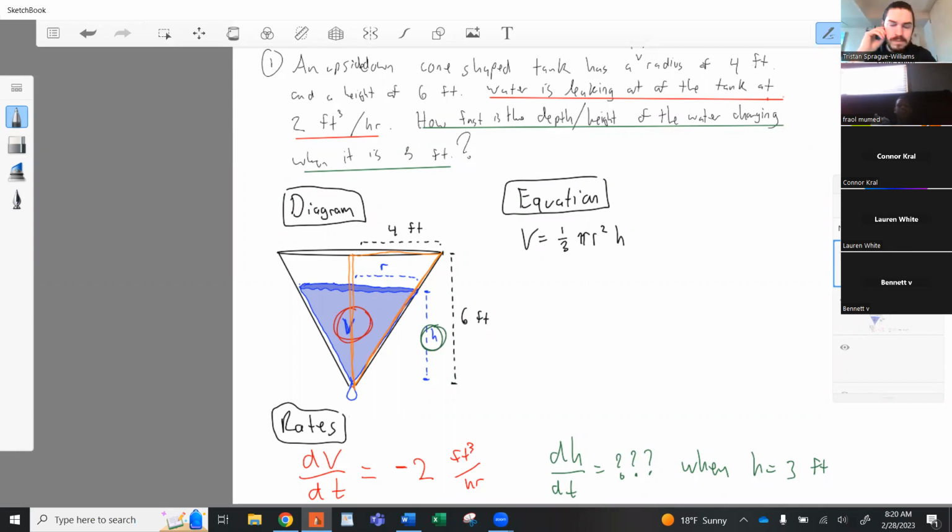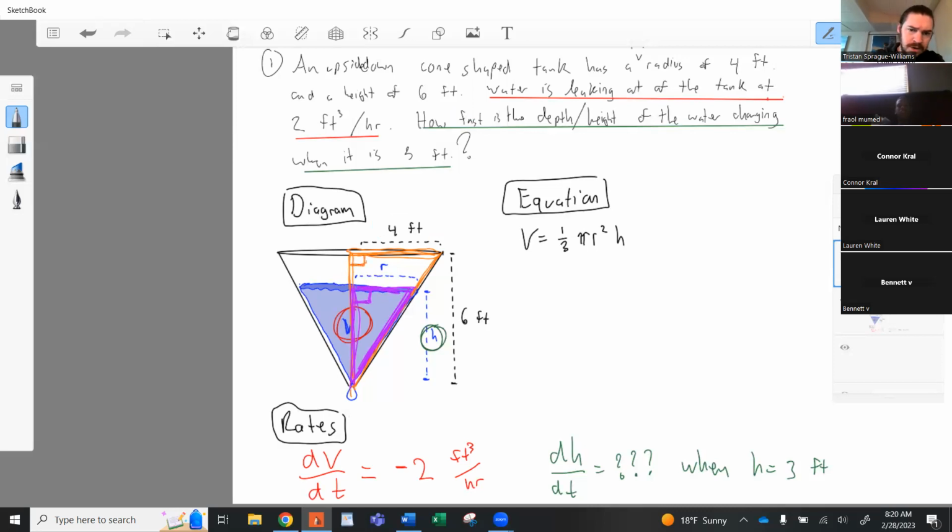I'm going to show another way to look at it, which is in terms of these similar triangles. Here we have a triangle, 4 here, 6 here. But then we have inside this another smaller triangle. These triangles are similar because they have the same angles. That corner is a 90-degree angle.